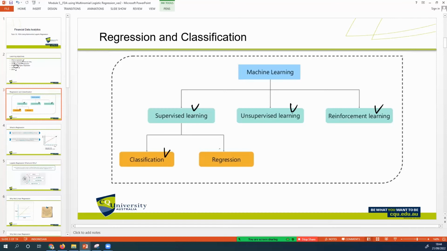Classification and regression are under supervised learning because there is the variable of y. If there is y, meaning that it is under supervised learning.